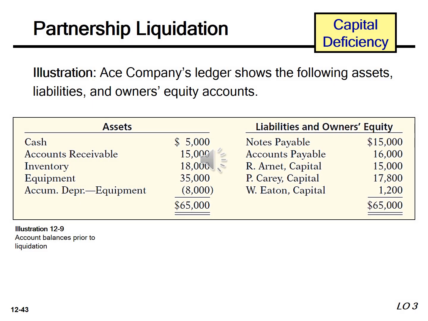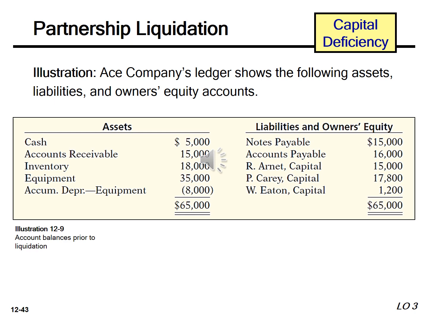Here we have another illustration on partnership liquidation, but in this case scenario we are going to have some capital deficiency. The illustration says Ace Company's ledger shows the following assets, liabilities, and owner's equity accounts. So on the assets side we have cash, accounts receivable, inventory, equipment, and accumulated depreciation.